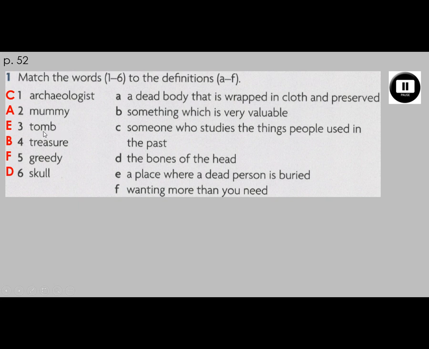What about a tomb? A tomb is a place where a dead person is buried. So when somebody died in the past, and this person was important, they put the dead body in a tomb, usually. Tomb.